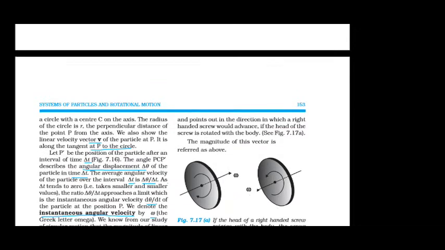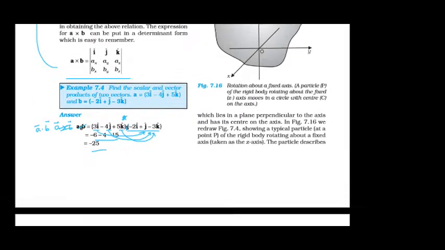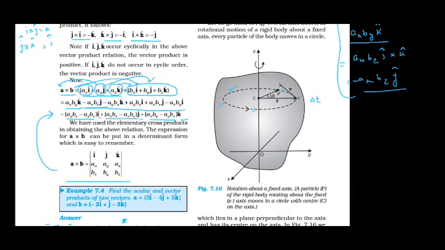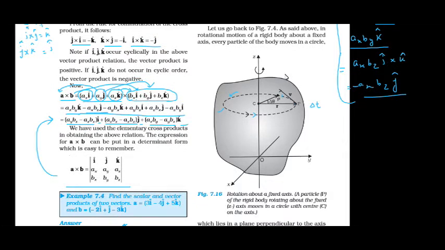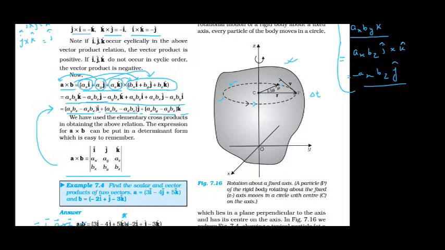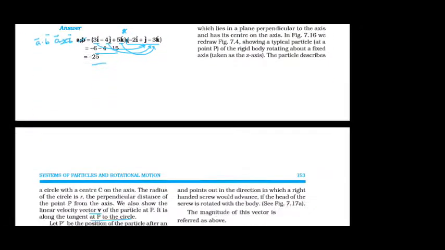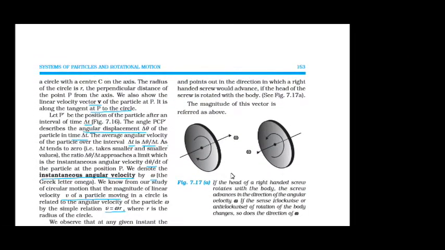So you have to write the answer. If they ask you to prove v is equal to omega r, then you have to draw this figure and write the expression and the details which are written here.